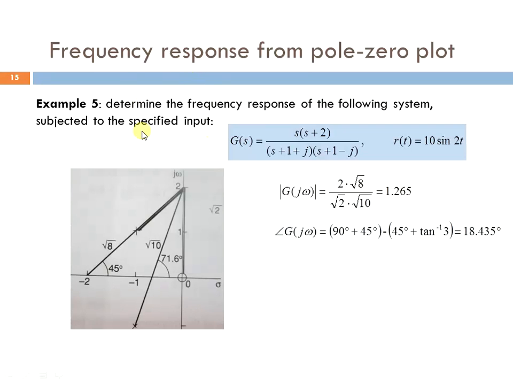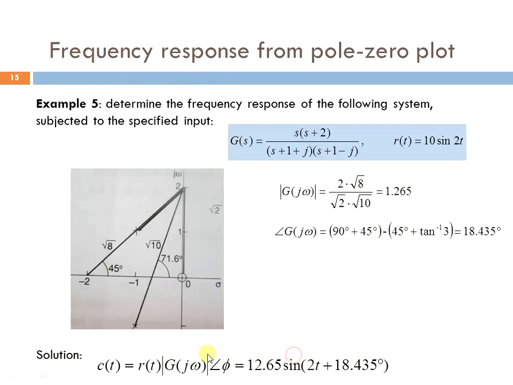The next thing is to determine the output, and we do this by multiplying the input by the frequency response function. And when we do that, we find that the amplitude of the output is 12.65.